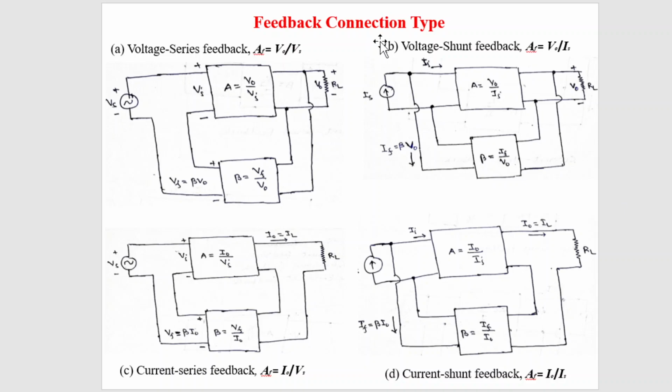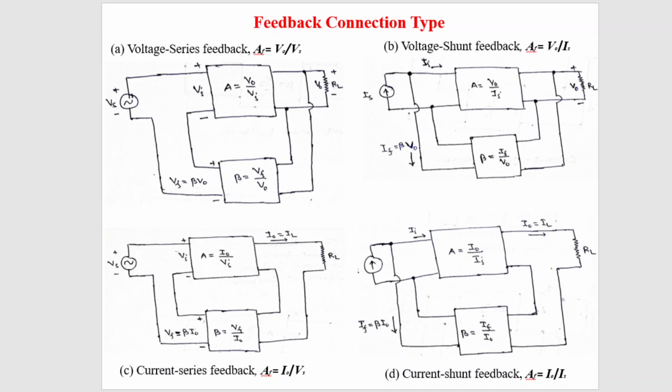Similarly, if we have a voltage shunt combination, at the output we have a voltage, and a fraction of the output voltage is connected in parallel to a current source. That is shunting, which I explained in my previous slide.